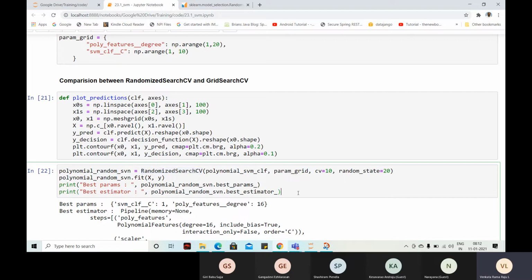Got the difference between randomized and this one? It builds the models and finds out which of those 10 combinations is best. Any questions?